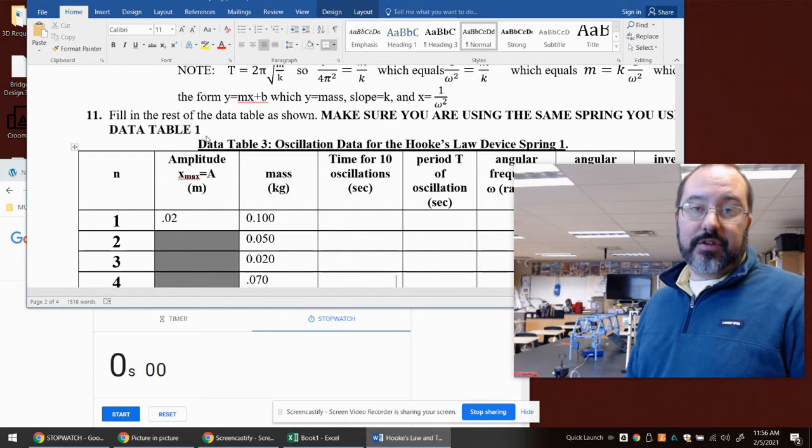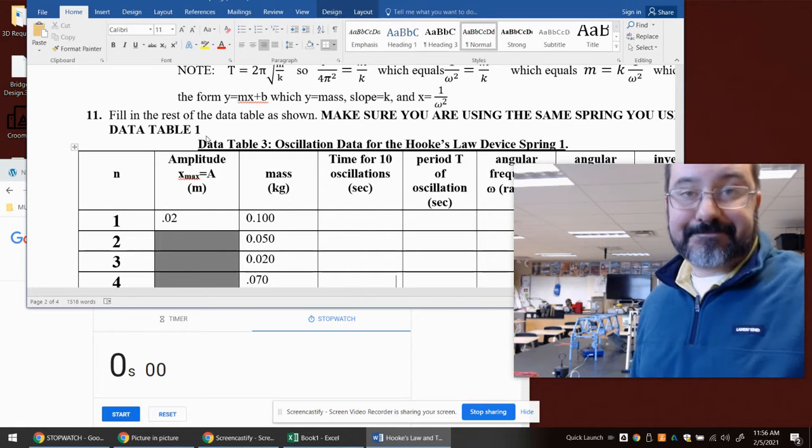So to do this, we'll take a known mass, we'll take the same spring that you used in part one, and we'll oscillate it, finding the period and knowing that mass, and we'll calculate that out to the equation that you will see on the screen in a moment.